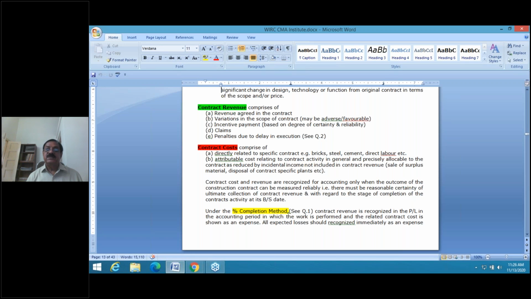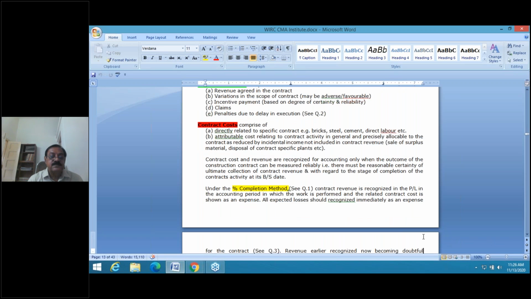Based on past experience, it will not be added; only on the real situation will it be added. Then claims are also to be added in the contract revenue, and penalties due to delay in execution will be deducted. So five items: revenue, variations, incentives, claims, and penalties. Now let's see, friends, one illustration on this part.